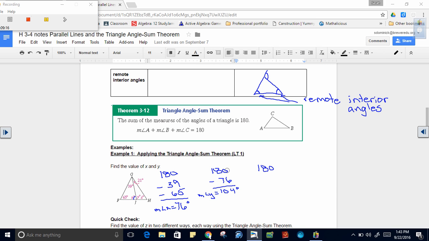I have 65, I need to subtract. I also have 39 and 21. Well, 39 and 21 will get me 60, so I'll just take away 60. So the measure of angle Z will be 55 here.